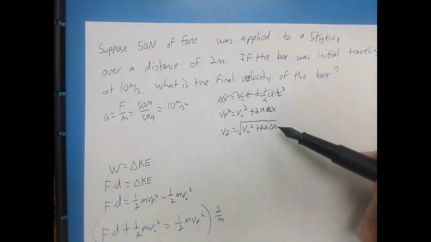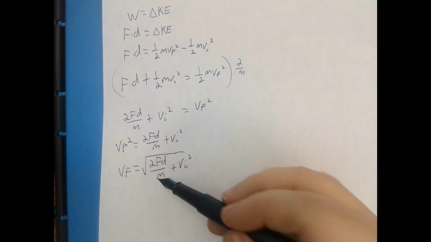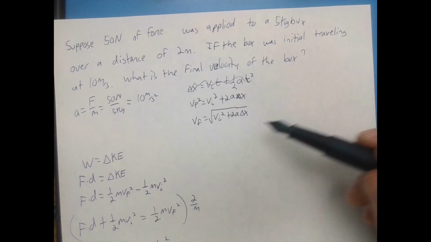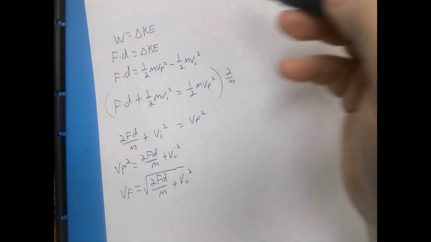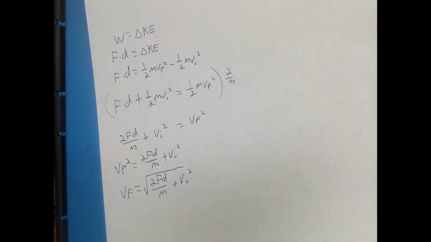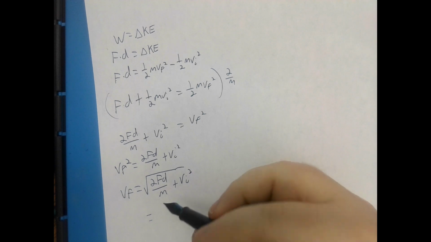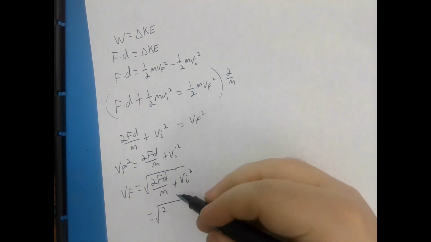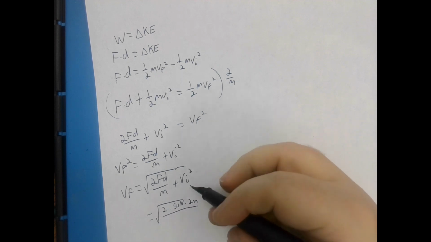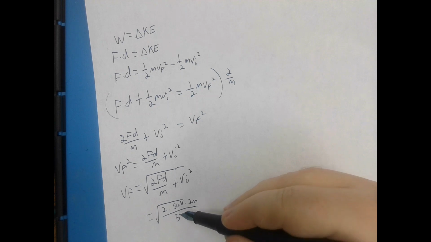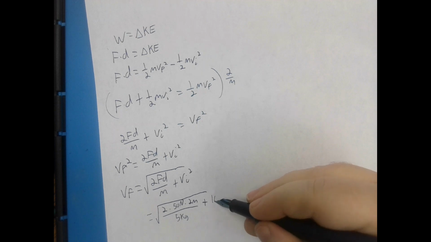Note that this equation is actually the exact same as the kinematic one, since F over m is a. So we get 2 times a times displacement, and I get the same thing. It's a little shortcut in case you forget the kinematic equations. Just notice the change in kinetic energy. So we plug that in: the square root of 2 times the force of 50 newtons, displacement is 2 meters, divided by the mass of 5 kilograms, plus initial velocity squared.